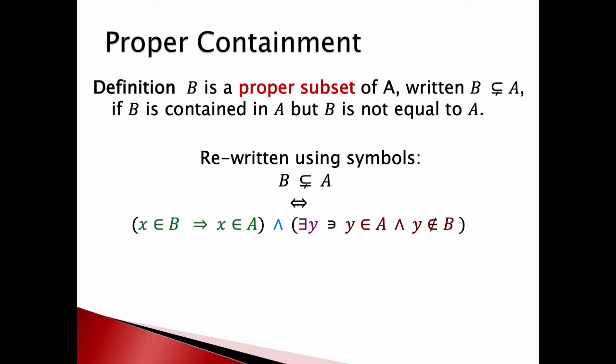So think about what that says again. Where did this Y come from? Well, the first part of the and is that everything in B is also in A. The second part of the second parentheses there says there is something in A which is not in B.